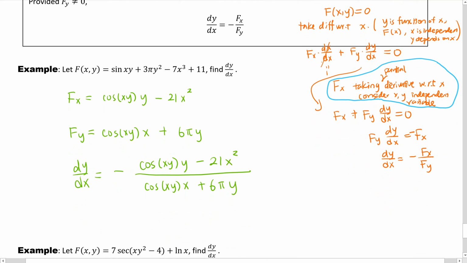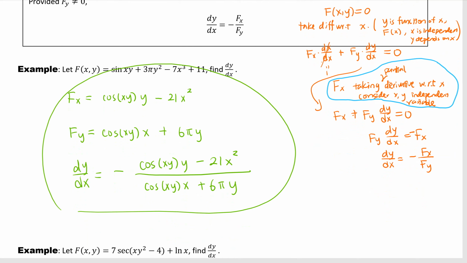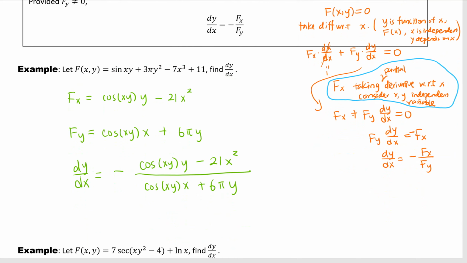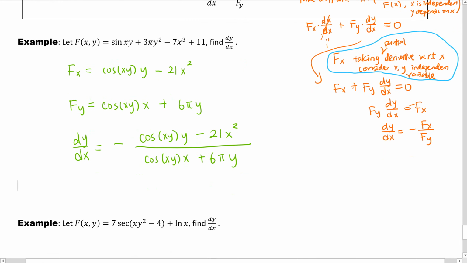You might ask, this is kind of easy, but why do we want to use this method? If you remember how we used implicit differentiation to find this, you can compare both and you will see why. Let me show you here.